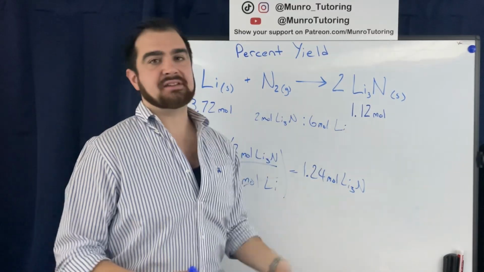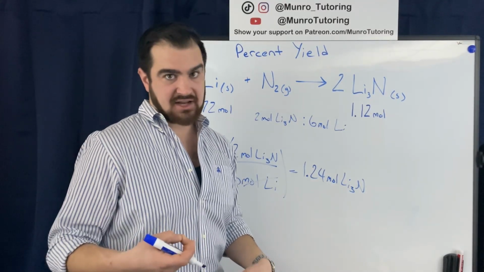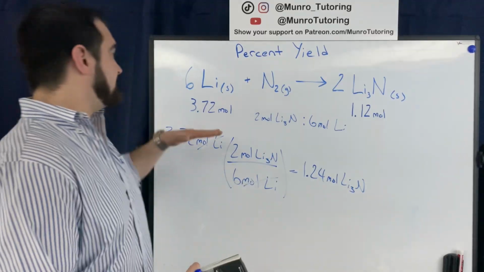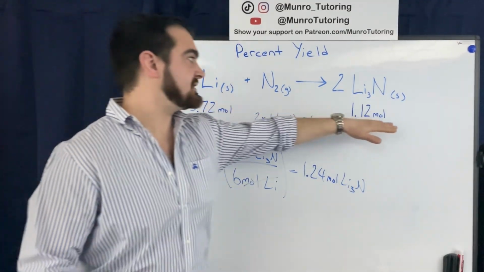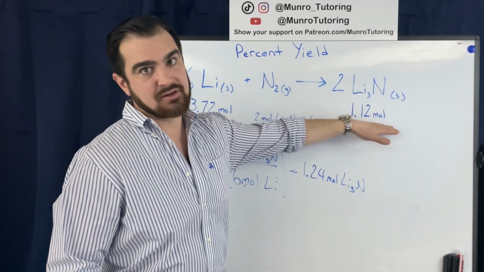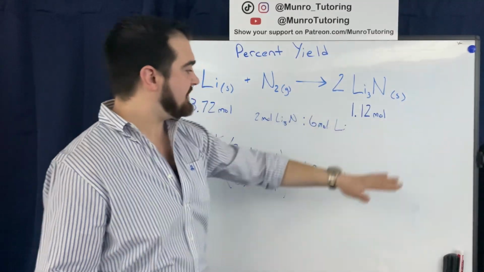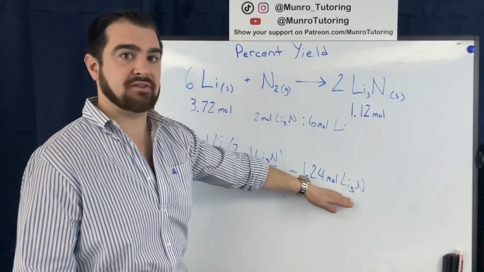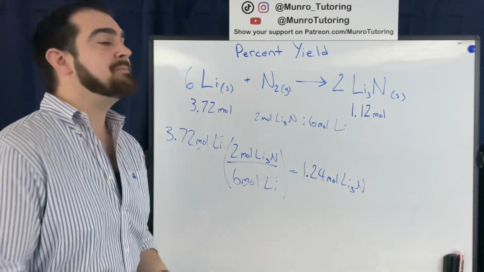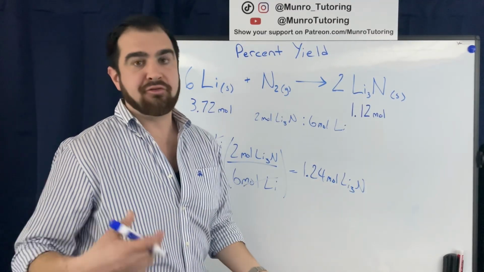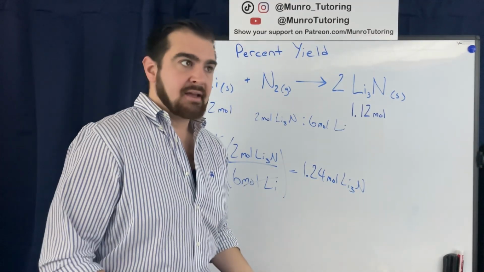What they gave us is the actual yield. That's what they told us in the problem. They said, if you react all this stuff, this is how much you actually got. What's the percent yield? So this is what we actually got, and this is what we theoretically should have gotten according to doing the stoichiometry. And now we just need the formula for percent yield.